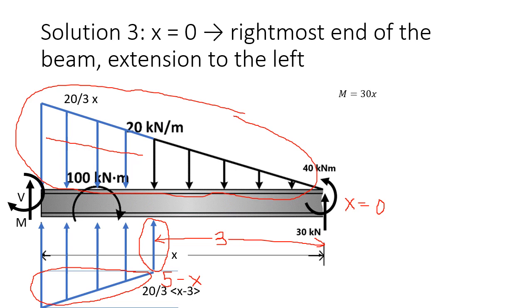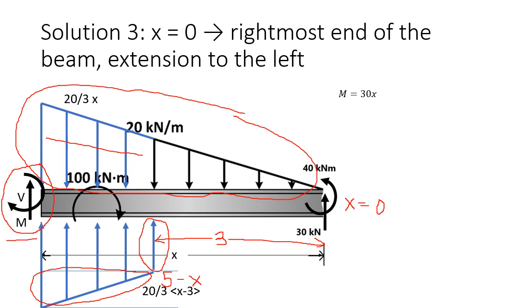Okay? So now the moment equation. Since we are now using the right side of the section and we are summing moment at this point here, the convention would now reverse. The forces that would cause a counterclockwise moment about the section would now give you the positive bending moment.